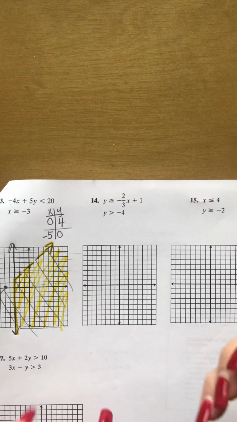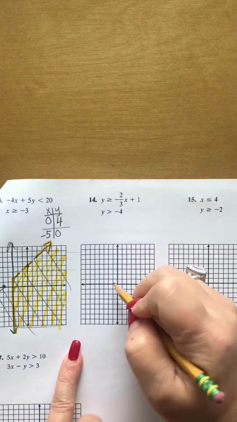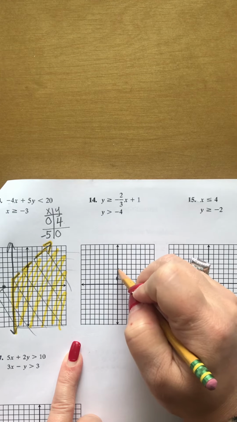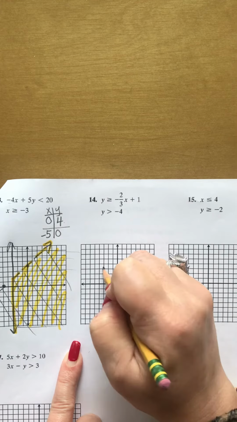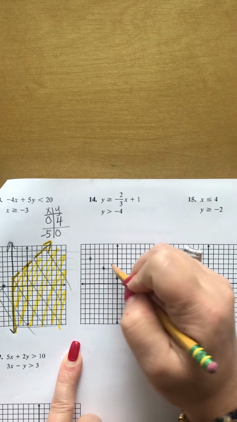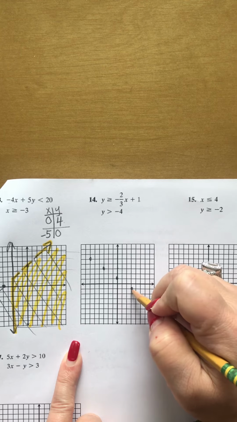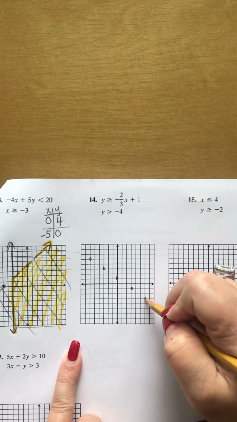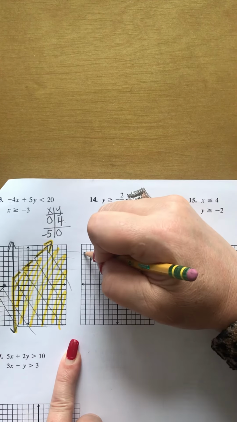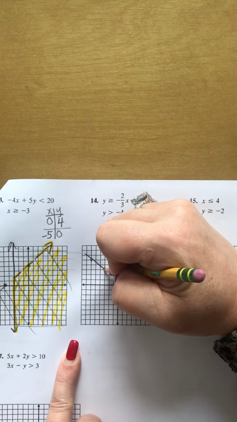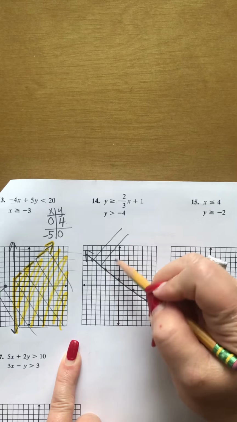Number 14, this one, begin at 1, up 2, 3 this way. If I go down, I'm going to go 3 to the right, down 2 over 3. A solid line, and it says greater than or equal to, so I would shade above.